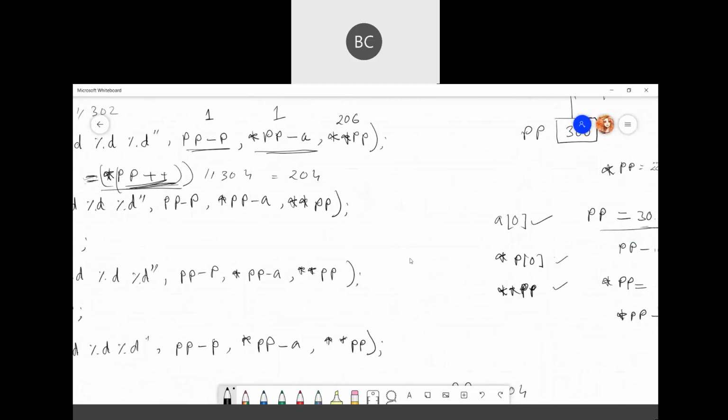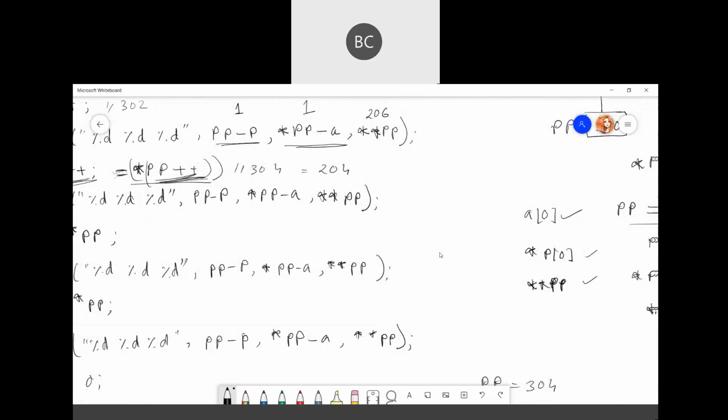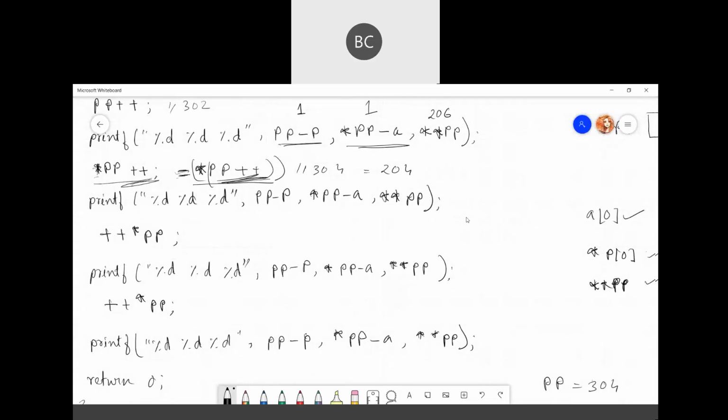I know these things are a bit complicated, therefore people avoid using double pointers. I just want to show you how complicated it can be, but once you understand, it will be a bit easier. Anyway, a double pointer is a bit more complicated than your normal pointer. So we need to find the same thing again now, right?